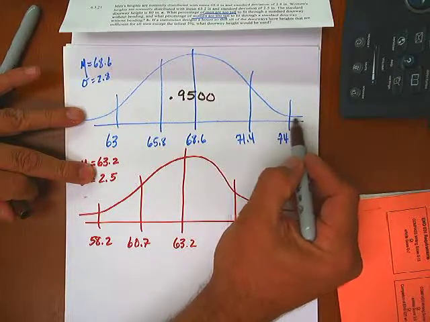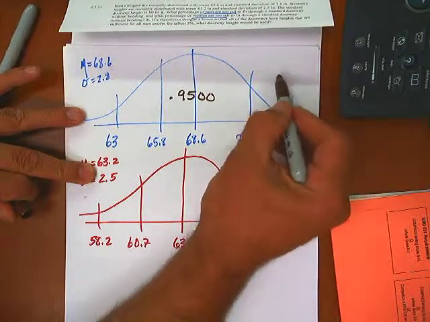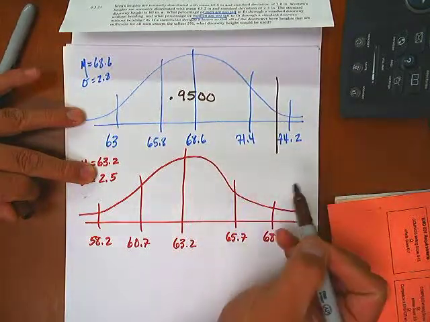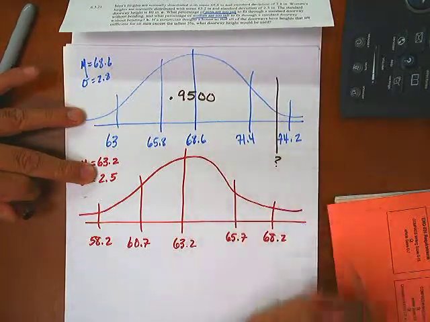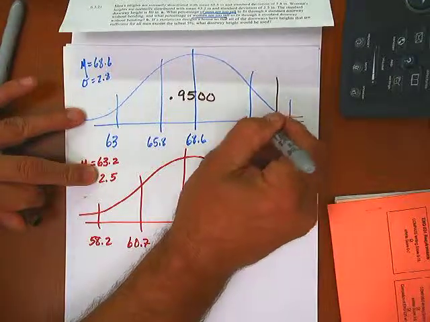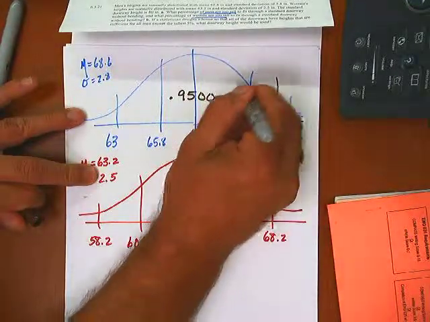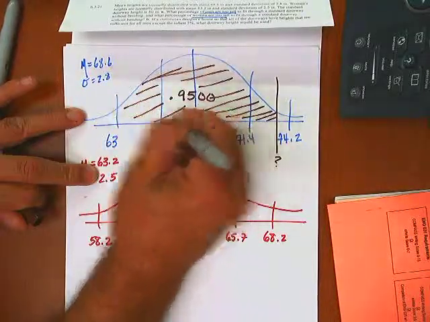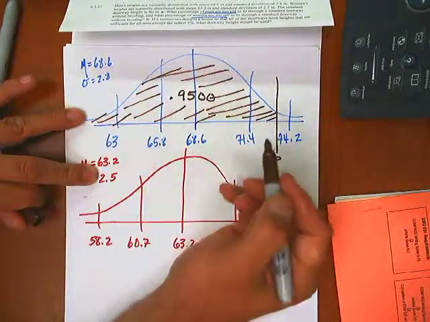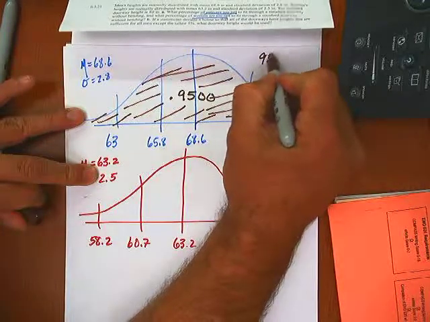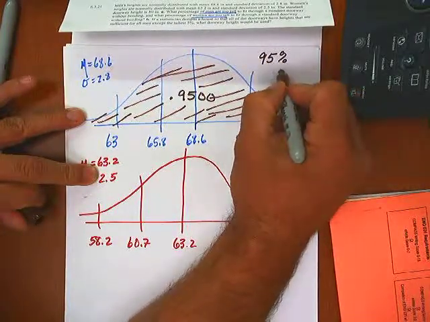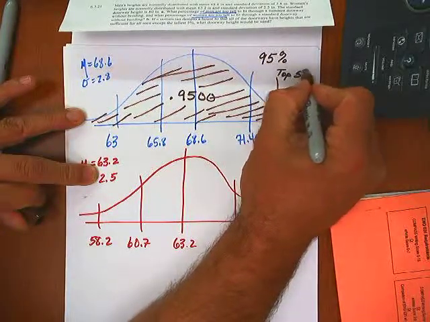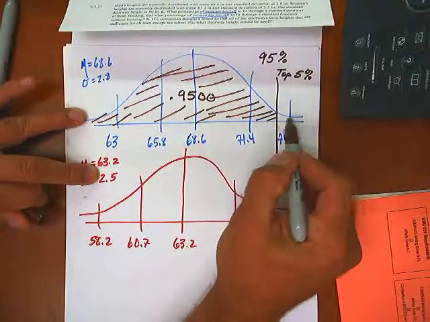I know that this is 2.5% right here, so I know it's going to be back this way, so I'm just going to put a line right here, and we don't know what that number is, but we know that the area is 0.9500 because the 0.9500 is given because it says the top 5%.